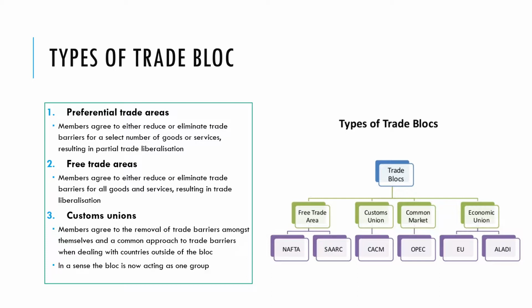Tariffs on all goods and services have been removed, but also now an external tariff has been applied for any non-members of that trade bloc. So there is no barriers between trade for members, but also they now have a common external tariff. They agree to have a tariff that applies just to non-members.